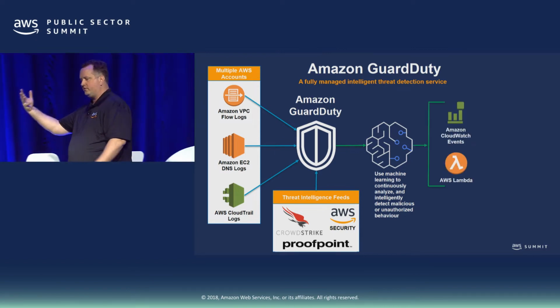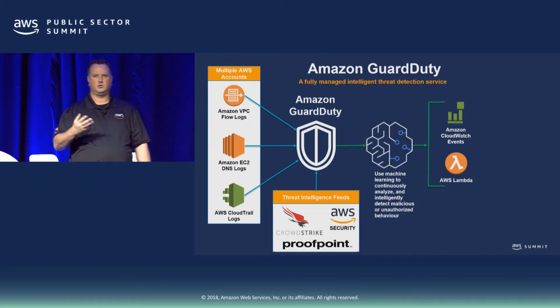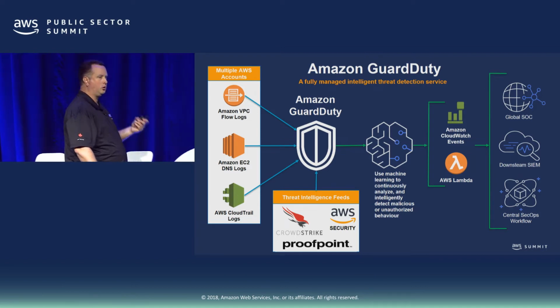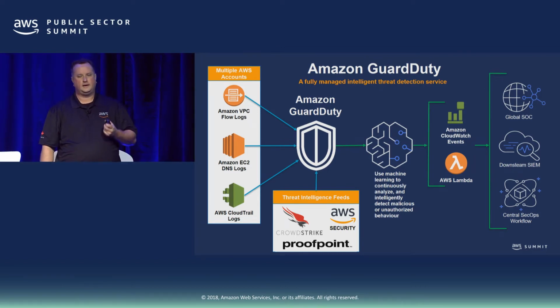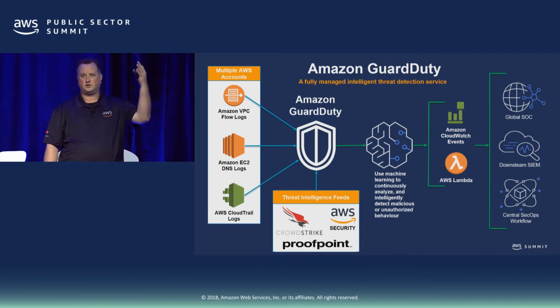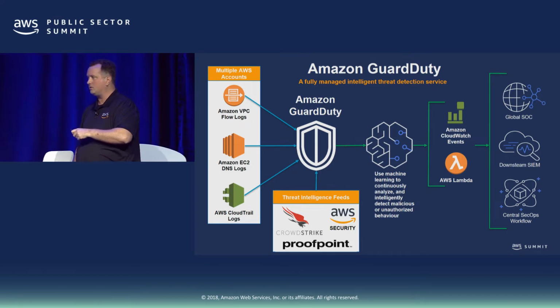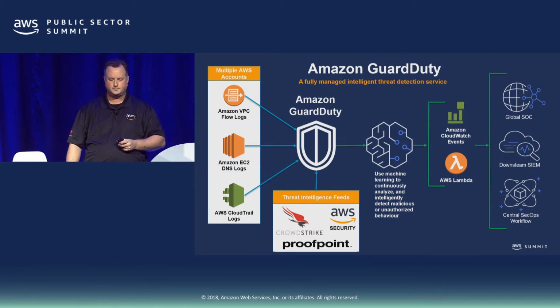Then, once there's some event that is of interest, downstream you can use CloudWatch or a Lambda function and send that down to something like maybe a global SOC. I've seen integration here with things like real-time Slack feeds in a SOC, integration directly with routers that have API front ends, a downstream SIEM server, some sort of central SecOps workflow perhaps as well, other options.